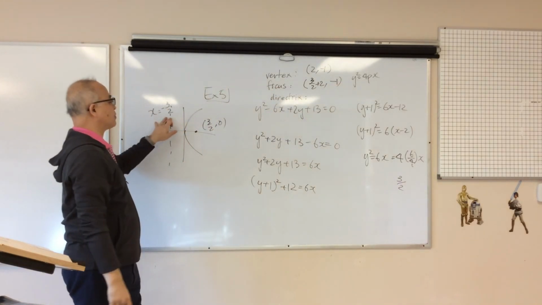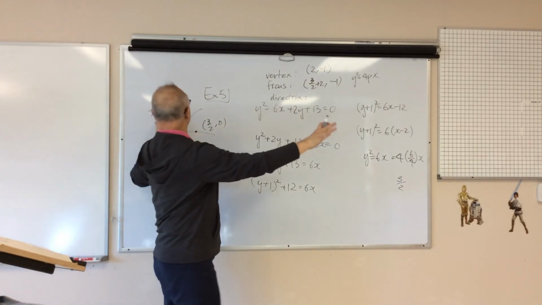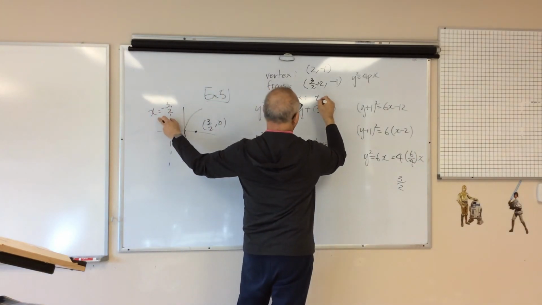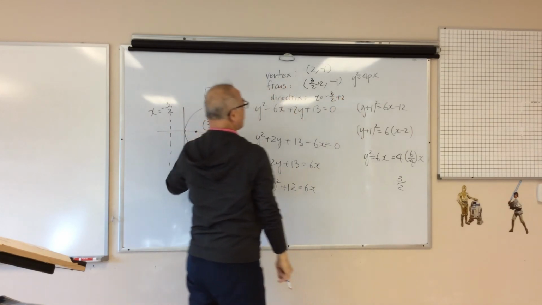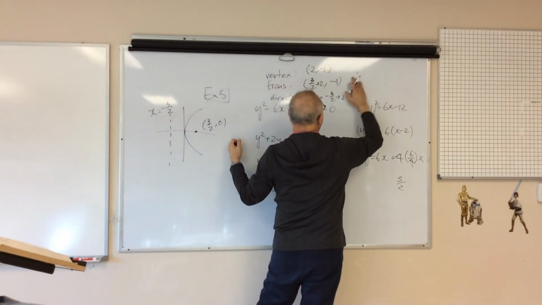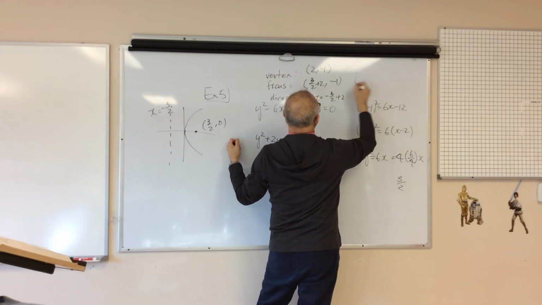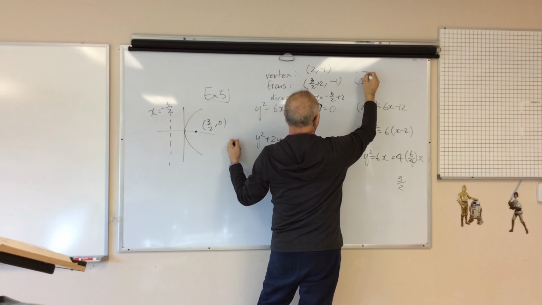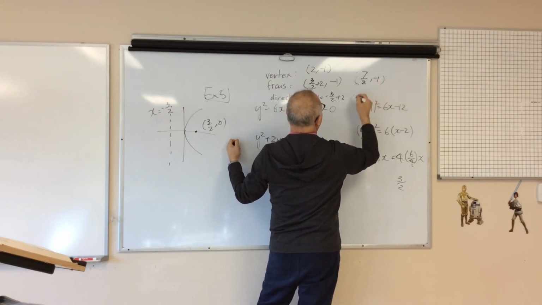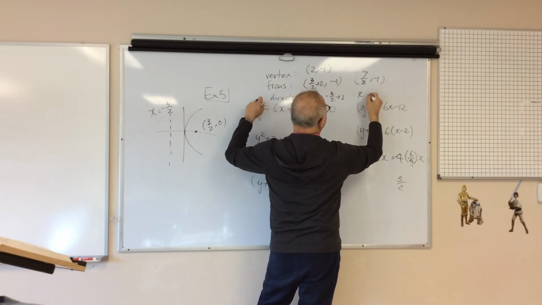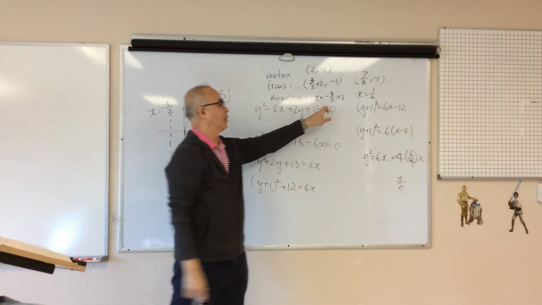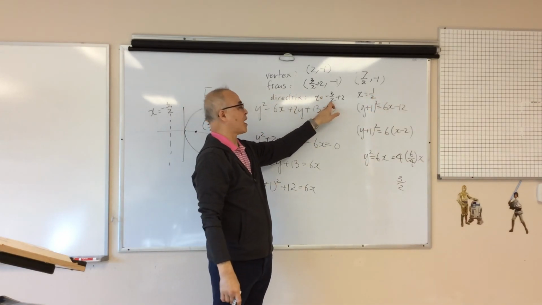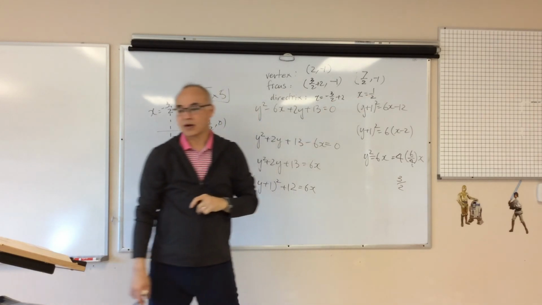The directrix used to be here. Now I have to move that 2 to the right. So the final focus is 7 halves, negative 1. Directrix is x is equal to 1/2. Negative 3 halves plus 2 is 1 half.